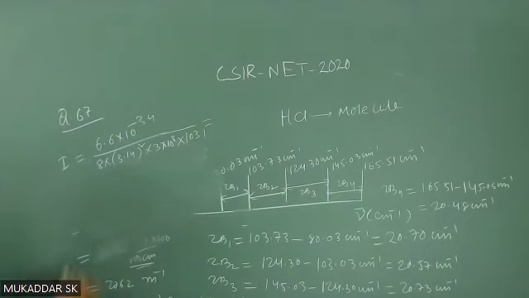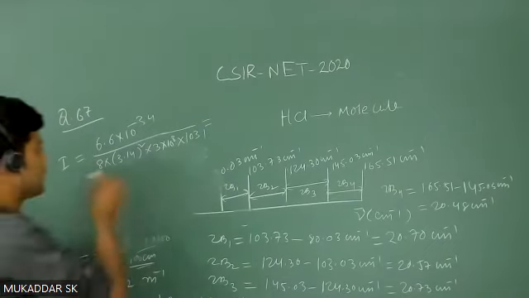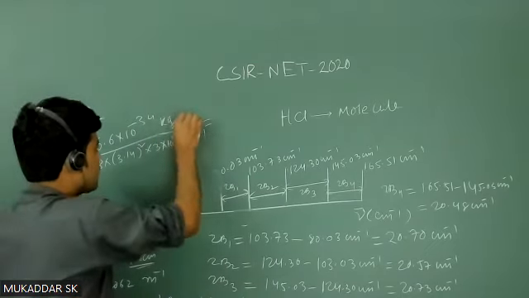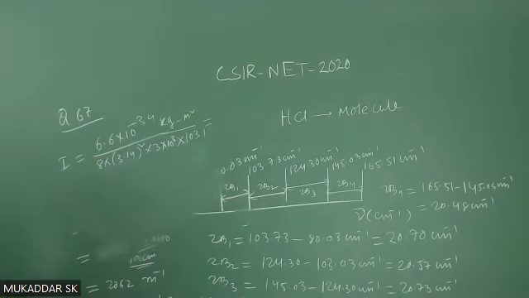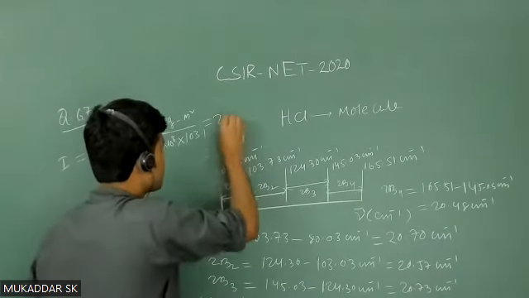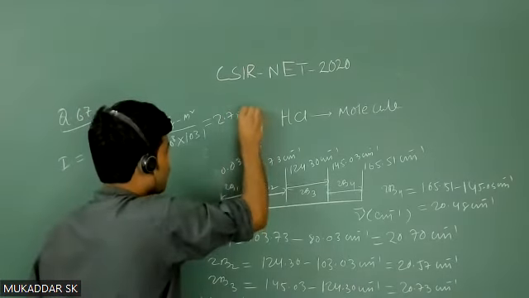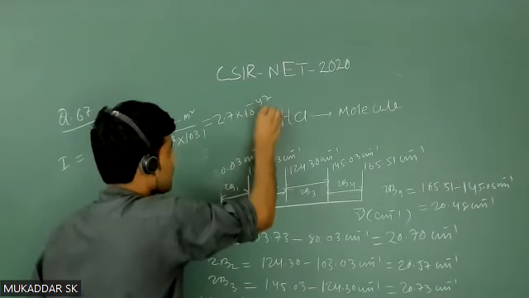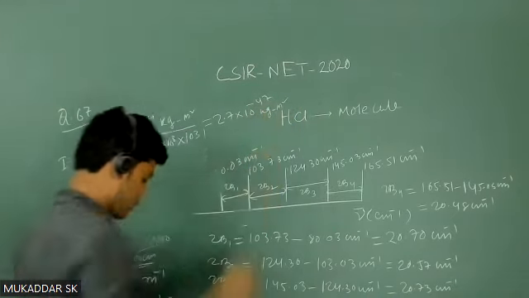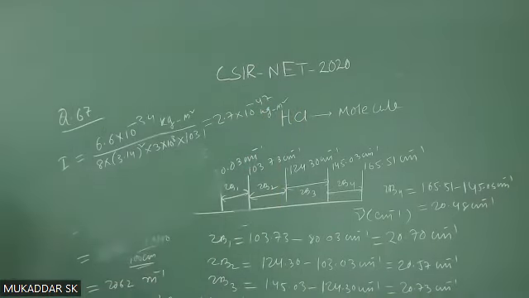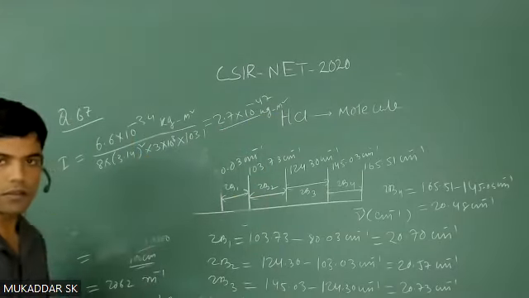Of course, everything has been taken in SI units, so obviously the unit of moment of inertia will be kg meter square. Now if you simplify this expression, you will have the value 2.7 into 10 to the power minus 47 kg meter square. So this will be the moment of inertia value of this molecule, and this will be the answer. Thank you very much.